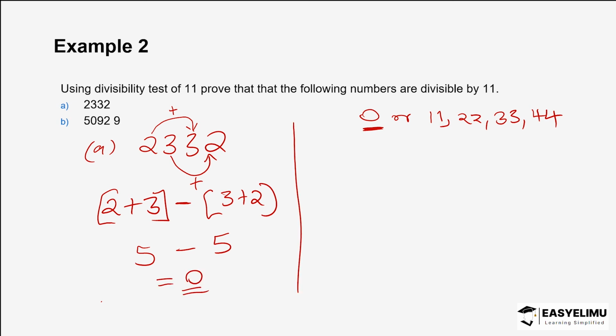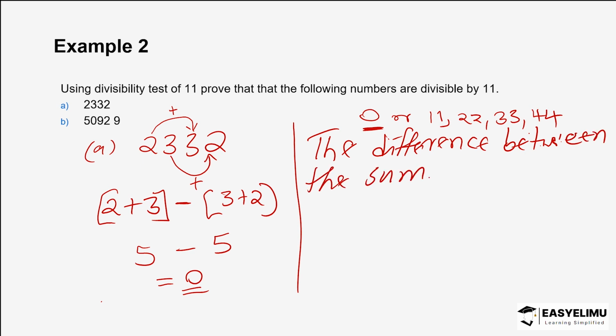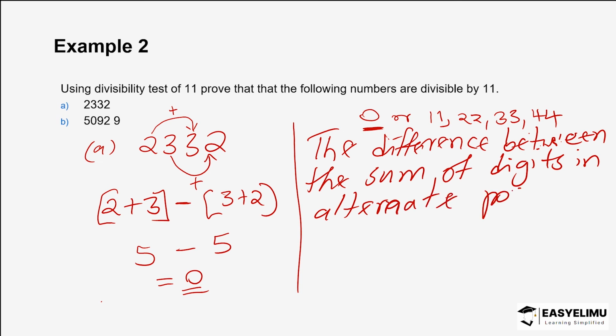So you write the difference between the sum of digits in alternate positions is a 0.